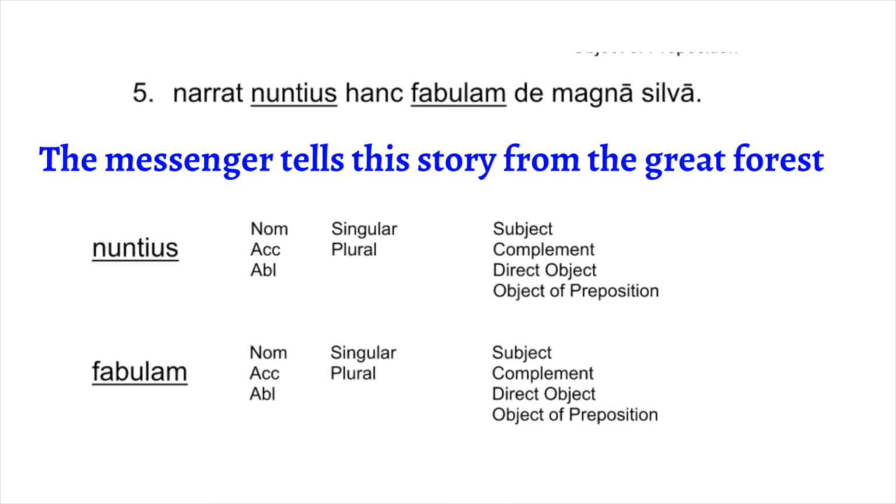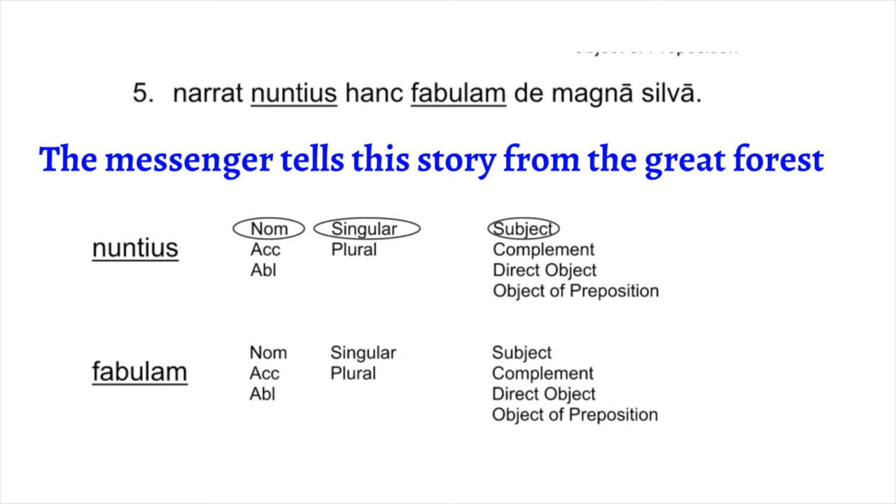For the words we had to parse, we have nuntius. Nuntius means the messenger, and this is the subject of the sentence, so therefore it's the nominative. So this whole sentence is about the messenger. One messenger, nuntius, so it's second declension singular nominative, and it's the subject, like I said.